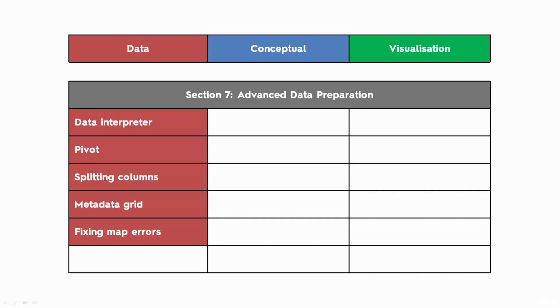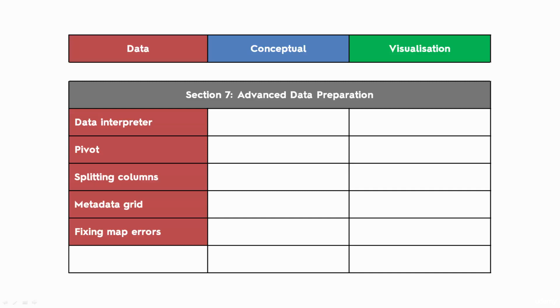These are the data interpreter in Tableau, which can read your data and tell you where it thinks the headers are and where it thinks the data is. The pivot, which allows you to quickly pivot your data while you're connecting to it in Tableau. The advantage of splitting columns, so very powerful when you can't manipulate your data set.